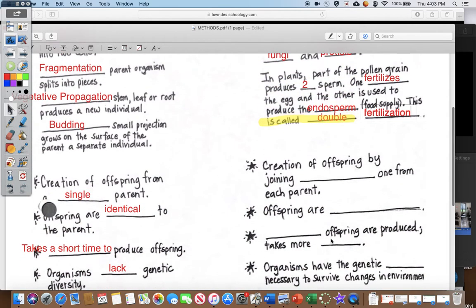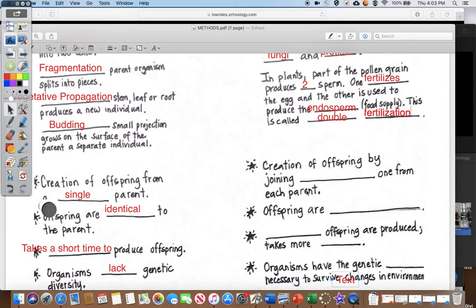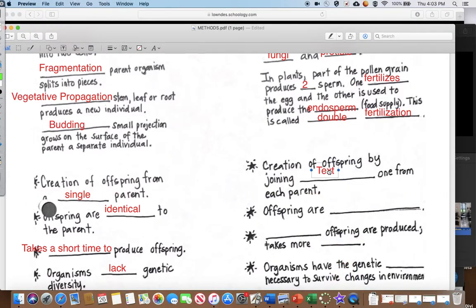All right, now with sexual reproduction, instead of one parent, it's the creation of offspring by joining 2 cells, 1 from each parent. The offspring are going to be unique. They're not going to be identical to each other.